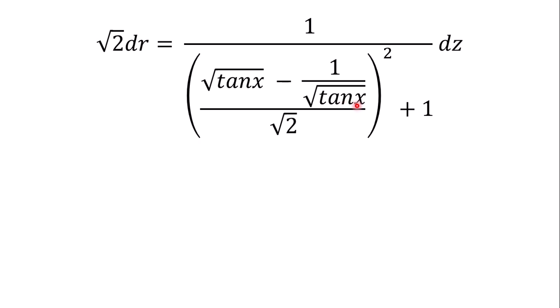Because the fraction 1 over a divided by c is the same thing as 1 over a times 1 over c, which when you multiply them is just 1 over ac. So the same thing applies here. Here it is going to be 1 over square root of 4 tangent x times square root of 2. Alright?